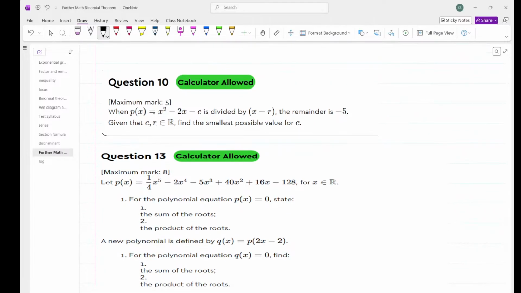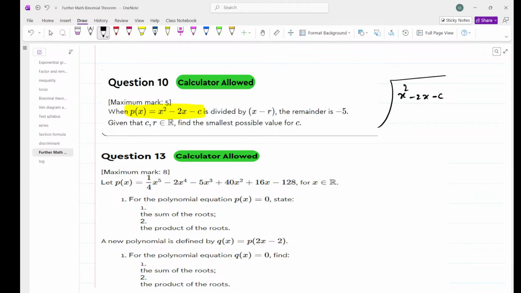Okay. So we have p of x equal to this. We have a polynomial, and it is saying that when this polynomial is divided by another polynomial, let me represent this in pictorial form. So this is x squared minus 2x minus c.